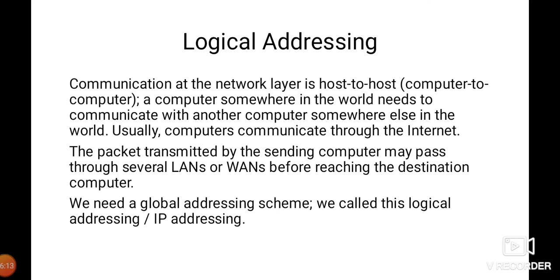The first one is the MAC address, which is used to identify a physical machine or computer. But if we talk about the network layer, in a network we use the IP address, which is also known as the virtual address or logical address.